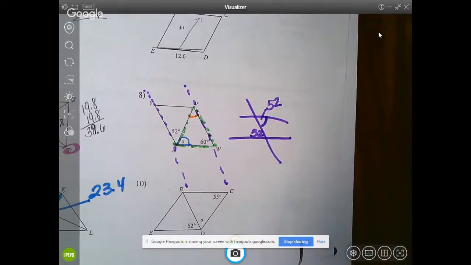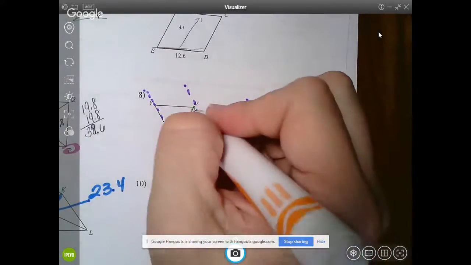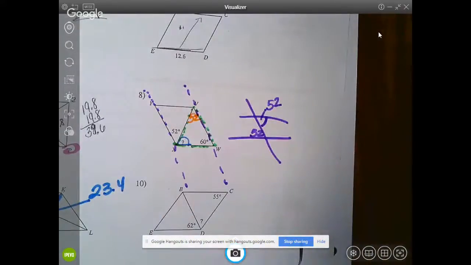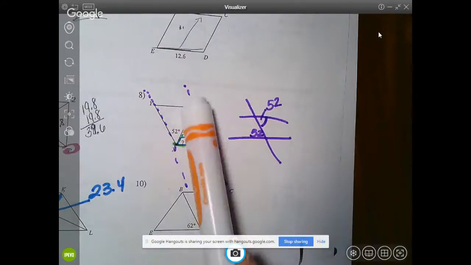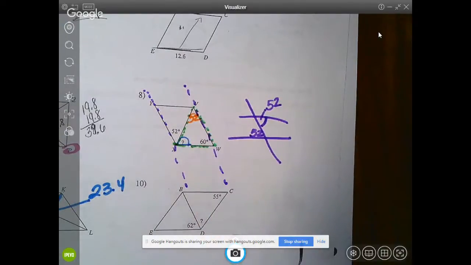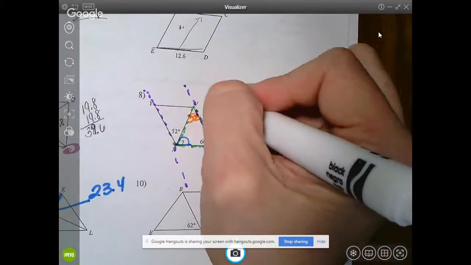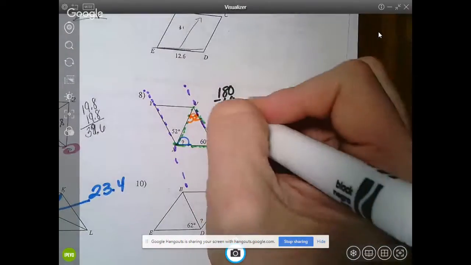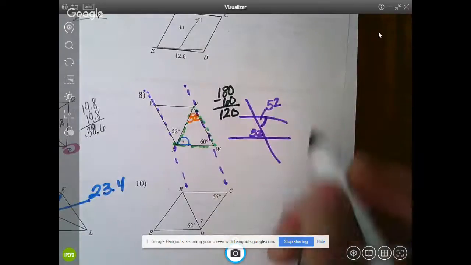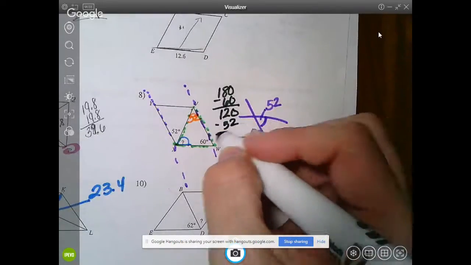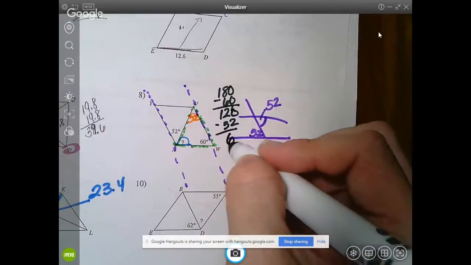So if this is 52, this right here has to be 52. Now that I have these two, I know a triangle has 180 degrees, so I can do 180 minus the 60, which gives me 120, minus that 52, which was already shared, gives us 68.